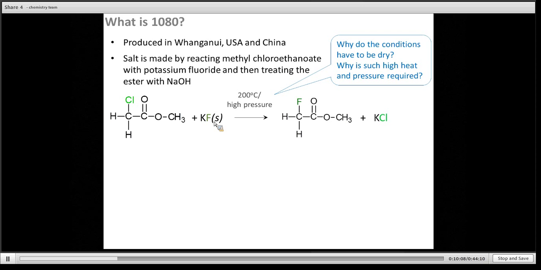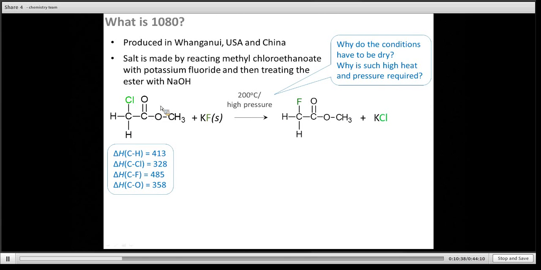We use a solid because KF, from your understanding of last year's chemical reactivity with acids and bases, fluoride is the conjugate base of hydrogen fluoride. So if there is water involved, you'll get some HF being formed, and we don't want that acid around because you know that acid will cleave an ester.